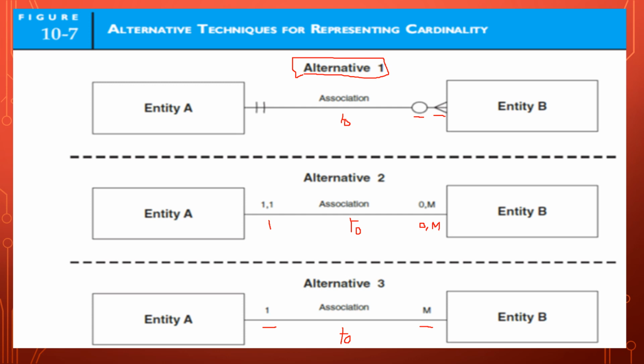But the main concept here is that we need to understand what it means and why it represents many. And normally we need to place a question when we have this kind of relation coming out to the other entity.